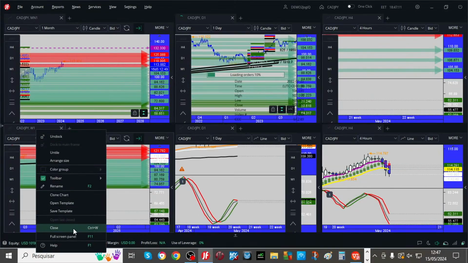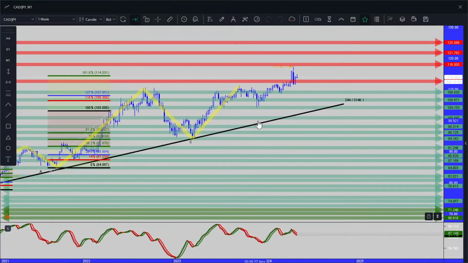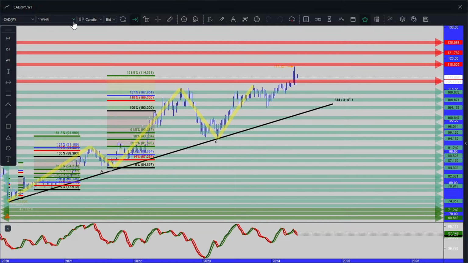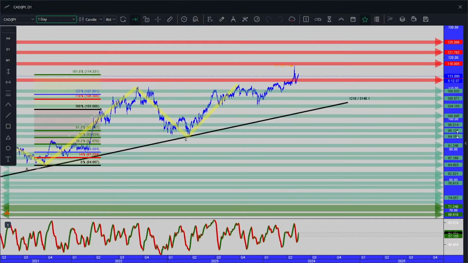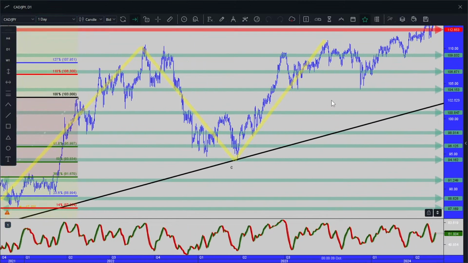F11, let's go on the weekly. Oh, there you go. Lower, lower, lower, high. Now I'm going to go from the weekly to the daily. Let's try to find some false crowns, right?